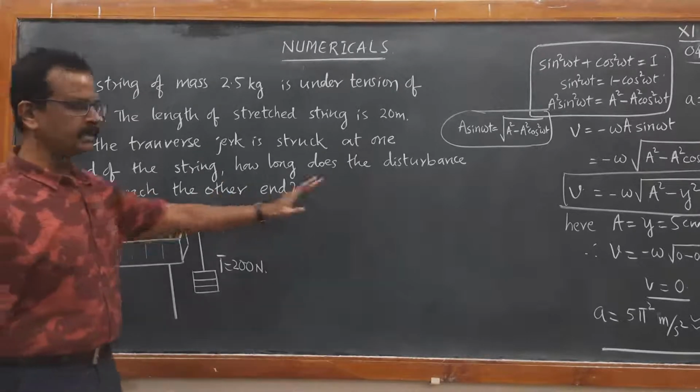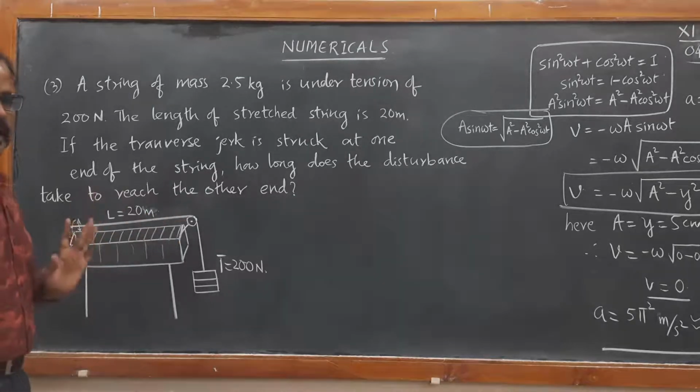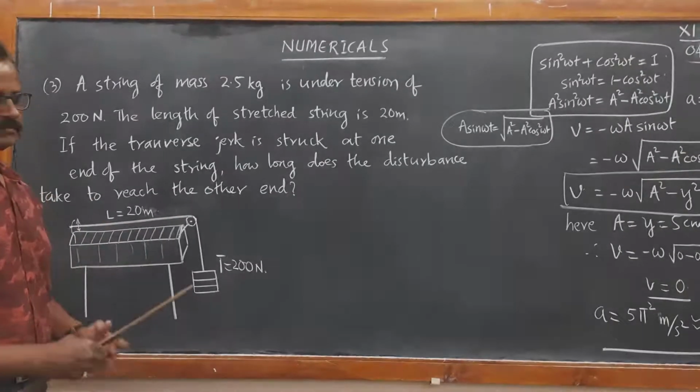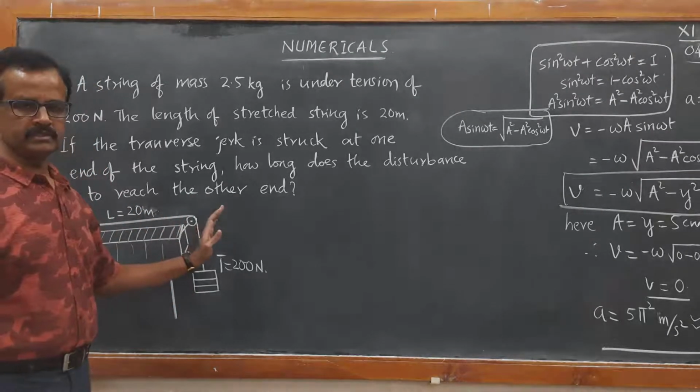How much time does it take for this disturbance to reach the other end at a distance of 20 meter? So you are asked to calculate the time taken by the transverse wave to reach this end.